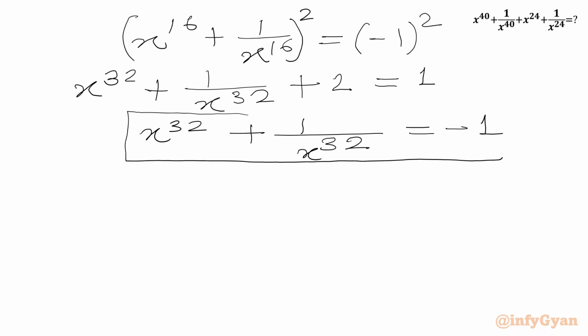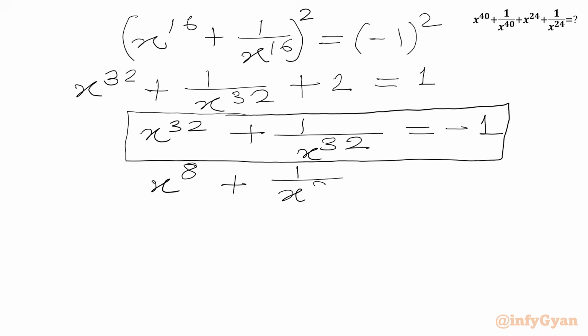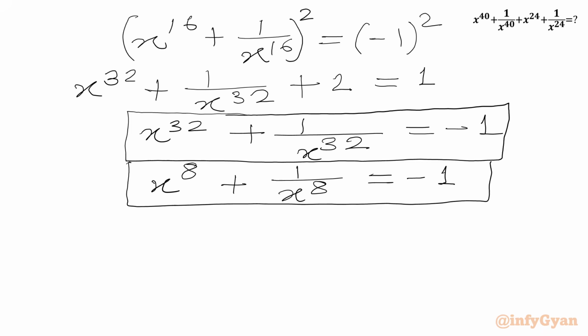So for both our unknown expressions, x power 8 plus 1 over x power 8 was also negative 1. So both the values are negative 1.